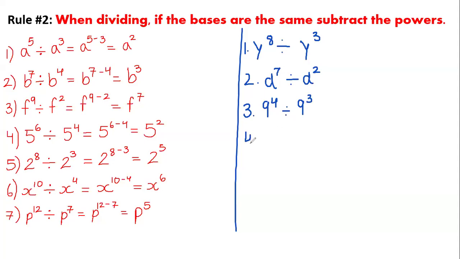Number 4, 8 to the power of 10 divided by 8 to the power of 7. Number 5, Z to the power of 12 divided by Z to the power of 10. Put your answers inside the chat.